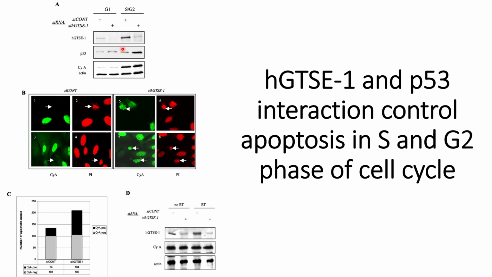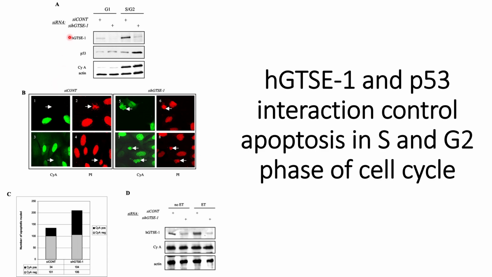Let us now continue our discussion. For the S and G2 phase, when they knock down hGTSE, they can see a tremendous increase in p53. So from this, they get positive confidence that this hGTSE-1 and p53 interaction happens mainly in the S and G2 phase of the cycle.